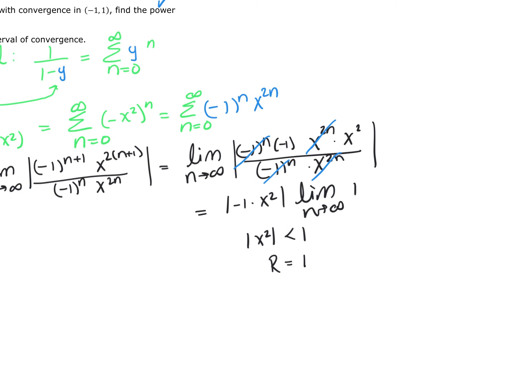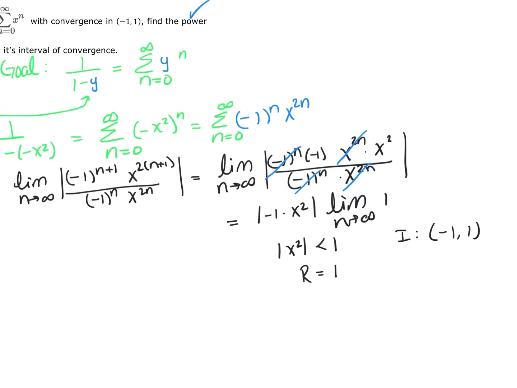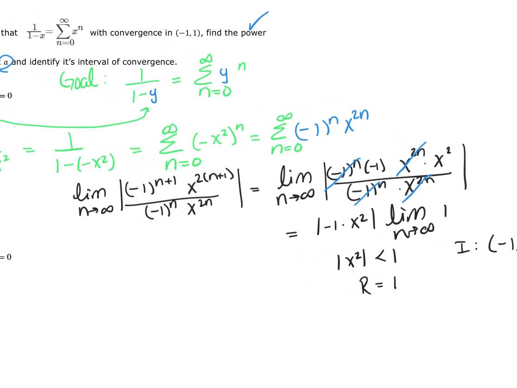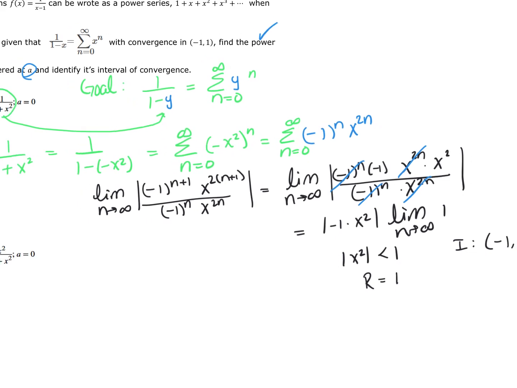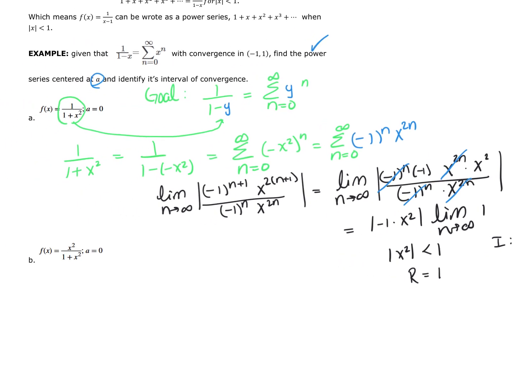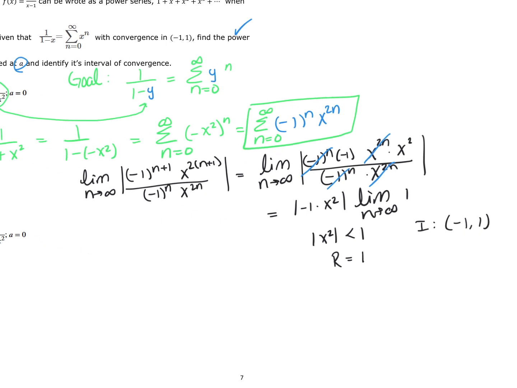And so what I think my interval of convergence is, is between -1 and 1. As before, I do need to check the endpoints. I would put x is equal to 1 and x is equal to -1 back into my original function, well, not my original function, my original series, and check the endpoints and decide whether or not they're inclusive or not.